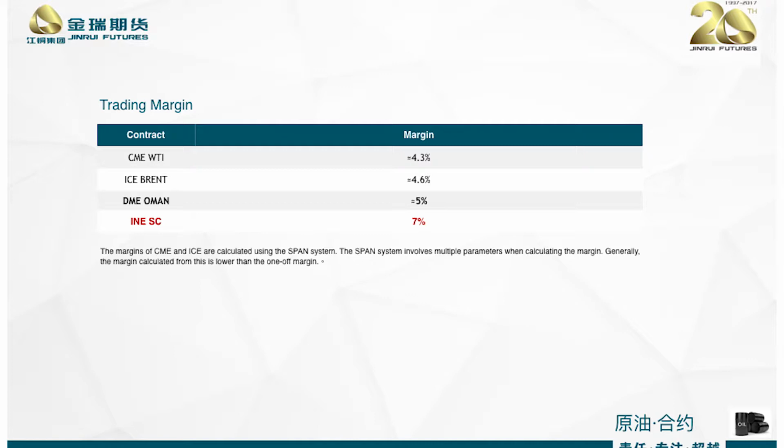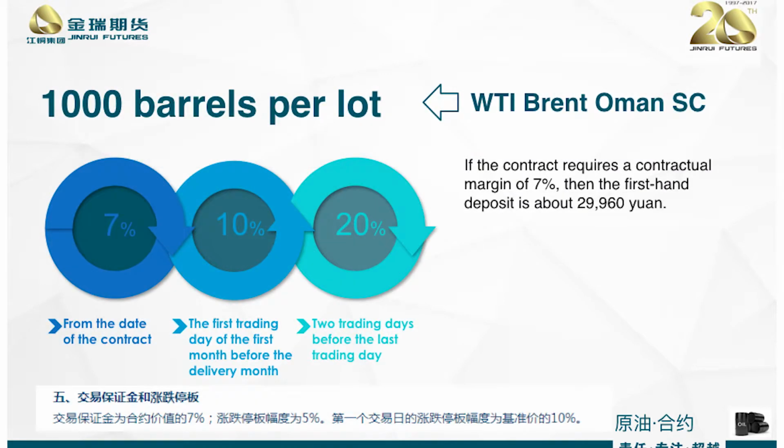So if converted with the latest margin, then the margins are about 4.3%, 4.6%, and 5% respectively. Apart from that, the details are as follows. The margin is 7% from the date when the contracts are listed, and the margin is raised to 10% and 20% as time goes on.